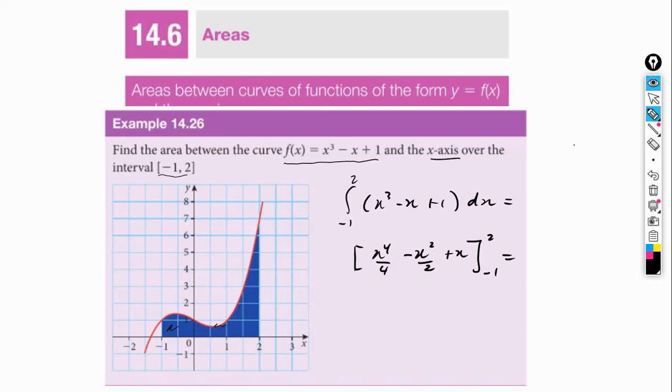So this is going to be equal to 4 minus 2 plus 2, and all of this minus 1/4 minus 1/2 minus 1. And if we do the math, this is going to give us 21/4.